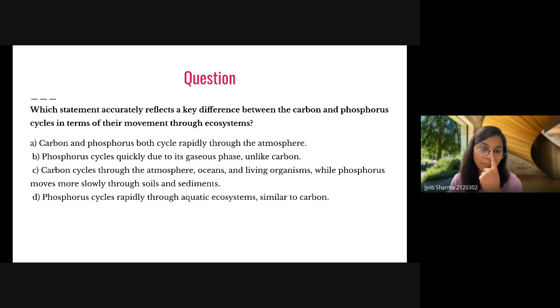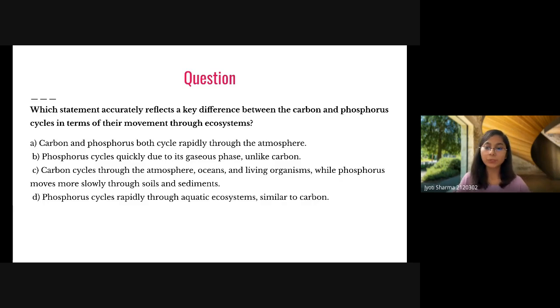D: Phosphorus cycles rapidly through aquatic systems similar to carbon. In terms of their movement through the ecosystem, there is a difference between these two cycles, and you have to tell the difference based on their movement.